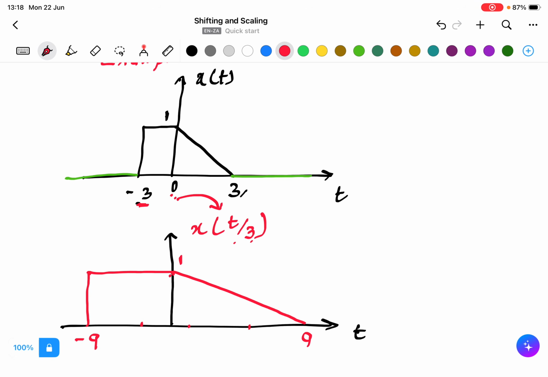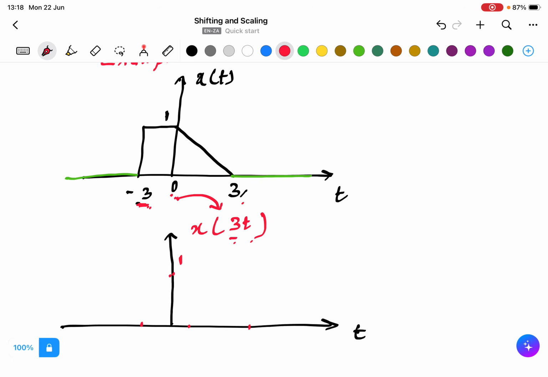Now if I say that I am doing this operation on the signal, then it's basically a compression. Compression of the signal means in time domain you will compress the signal by whatever value is given here. So -3 will be divided by 3, so it will be -1. 3 will be divided by 3, it will be 1. 0 divided by 3 will be 0.